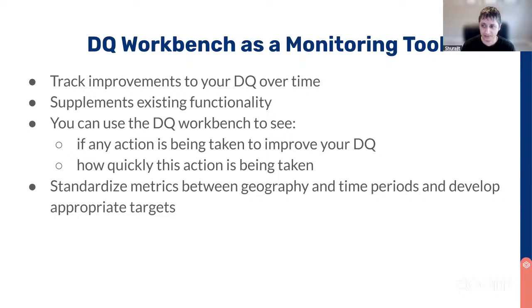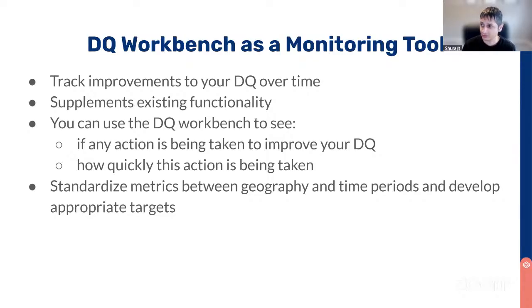But the whole idea here is to see, based on these metrics that are being produced, is any action actually being taken over time to improve these problems, or are they just persisting in your system? You've identified them, you know they exist, but is anyone going back and actually altering these values? So Jason did an example where he updated the metadata integrity problem that he found with a data element not in a group, and then the value got updated. But you can think about this for the other metrics as well.